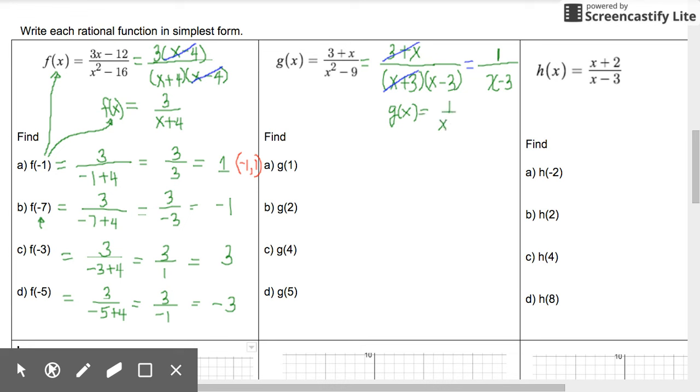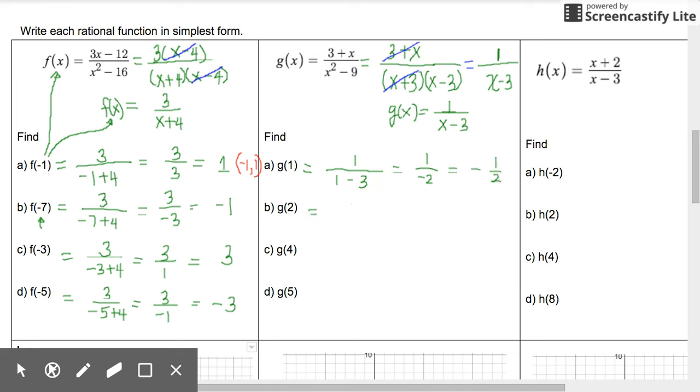So now we can use the simplest form to find g of 1, g of 2, g of 4, and g of 5. So let's start with g of 1. I'll put here 1 over 1 minus 3, which gives us 1 over negative 2, and this is equal to negative 1/2.